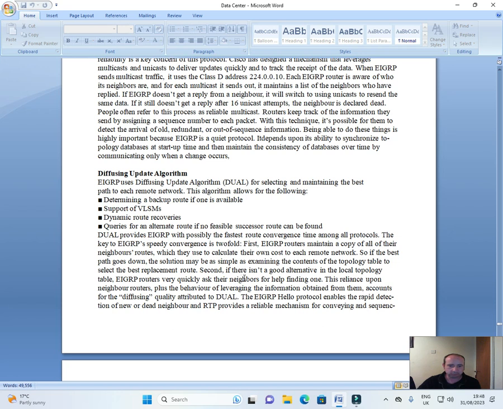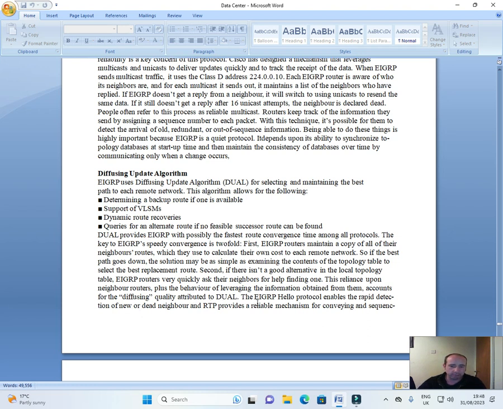Second, if there isn't a good alternative in the local topology table, EIGRP routers very quickly ask their neighbours for help finding one. This reliance upon neighbour routers plus the behaviour of leveraging the information obtained from them accounts for the diffusing quality attributed to DUAL.